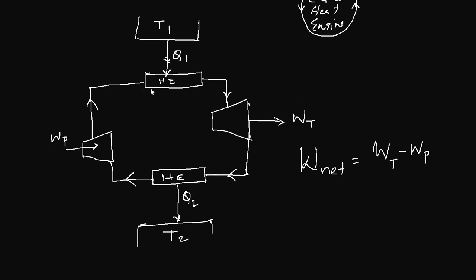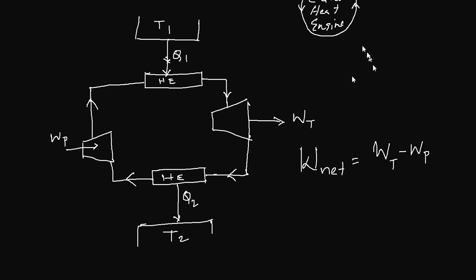A reversed heat engine is simply reversing the processes of a Carnot heat engine. So this is how a Carnot heat engine works: taking heat from a high temperature reservoir, passing the working fluid through the turbine, rejecting heat at a low temperature reservoir, and then pumping the working fluid back to the high temperature heat exchanger, completing the cycle.